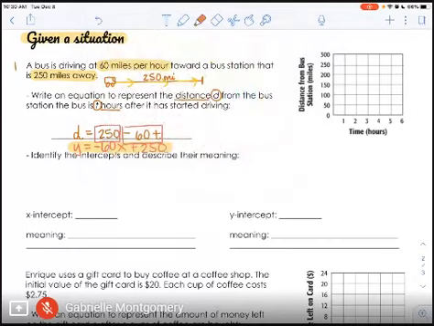Because remember, my y-intercept is just this value here. So my y-intercept is the point 0, 250. At time 0, my distance is 250. So we could plot that point on the graph. 0, 250 is my starting point.